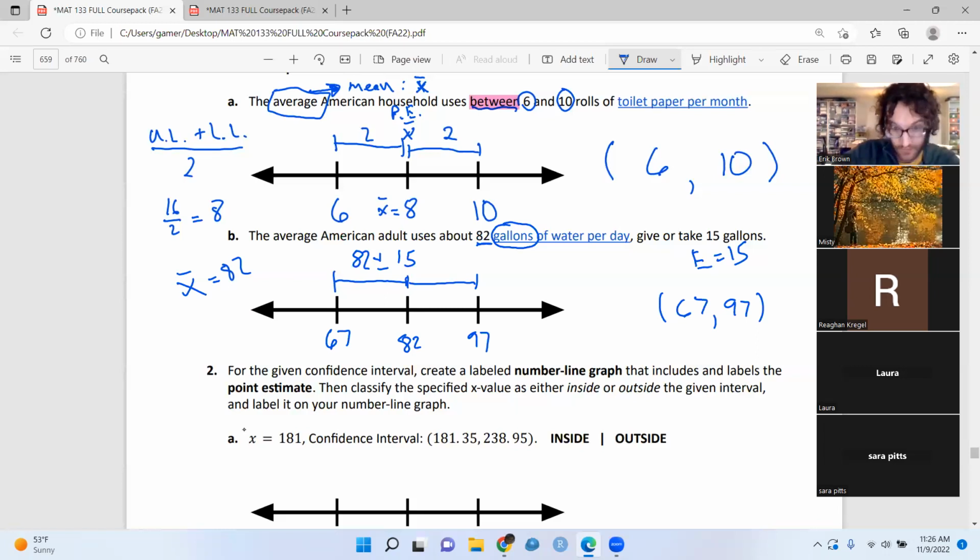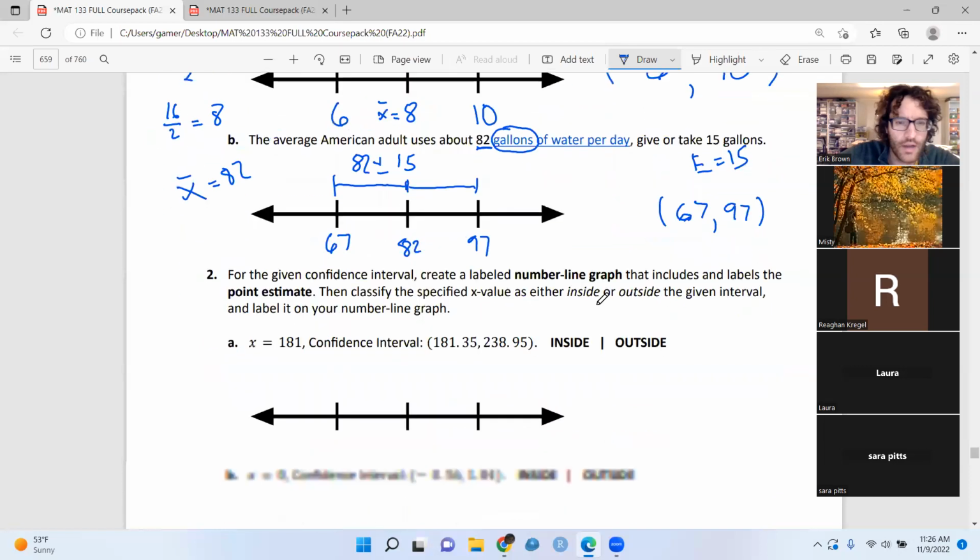It's spread times the critical value. So the width, how far apart these two numbers are, depends on how confident we want to be that the number line itself contains the parameter, the population value. So it's a little different concept than what we did back in chapter 3, where you first did the normal curve and all that. But it functions similarly.